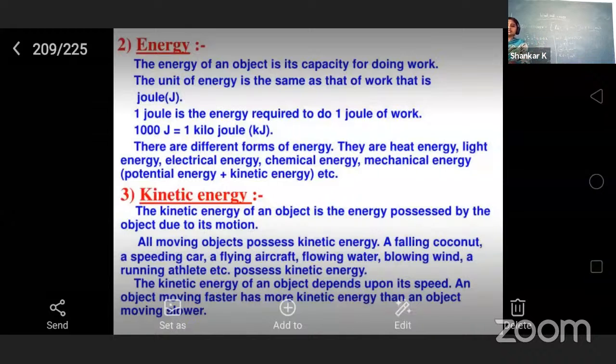In this lesson we have some problems on this. We'll solve some problems on kinetic energy. What is the first problem, students?